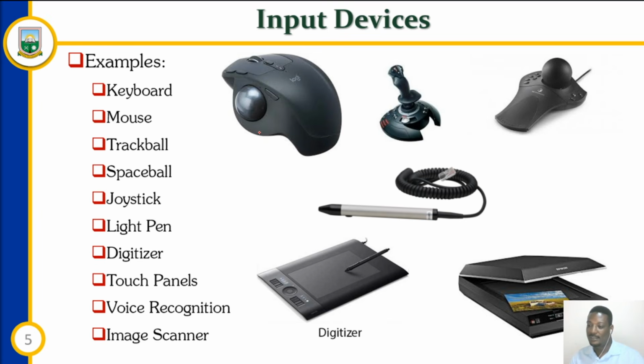So this ball, most of the time, you will see it's half inserted, and by rubbing the finger over the ball, you are able to move the pointer of the trackball on the screen to make a selection.